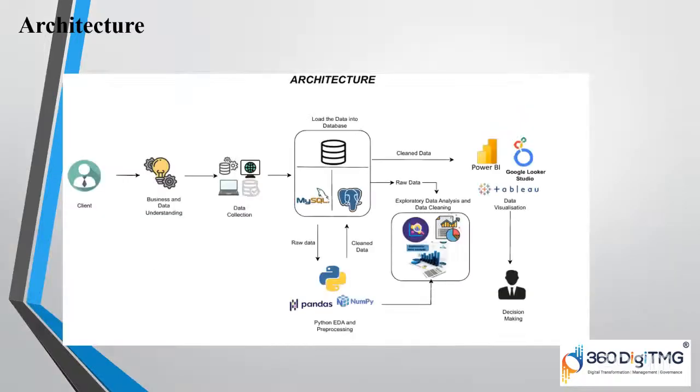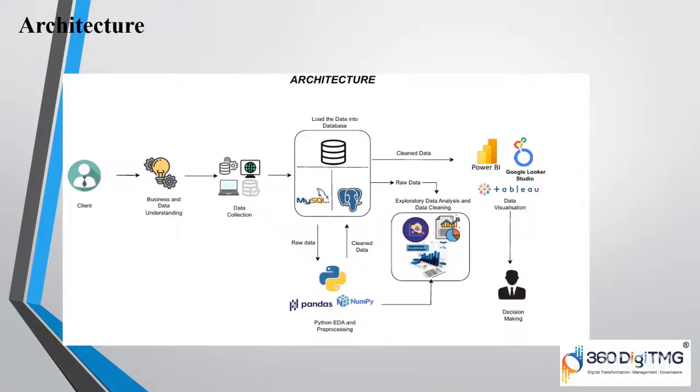architecture diagram. Here is the architecture flow of our project. We start from data collection, and then it moves to the EDA part, exploratory data analysis, and then data pre-processing is applied, and finally data visualization is used to present insights.